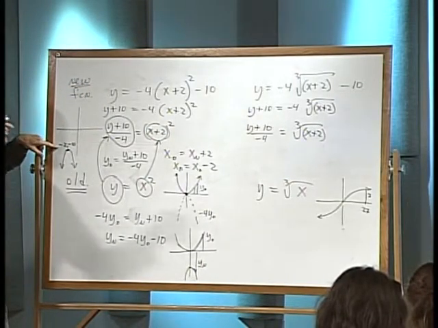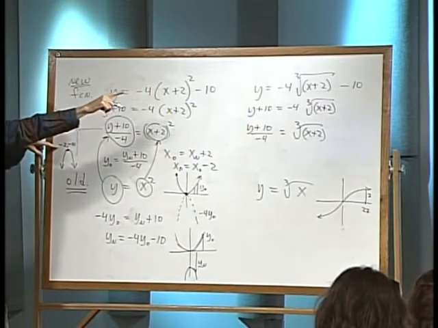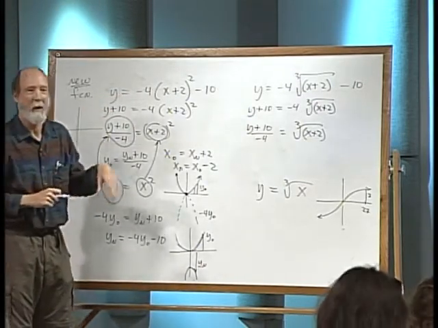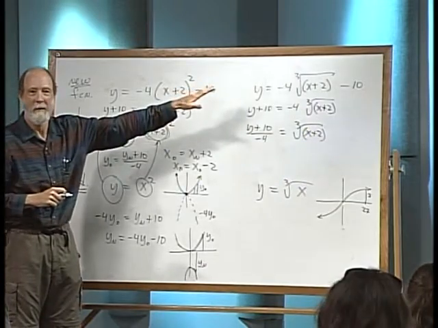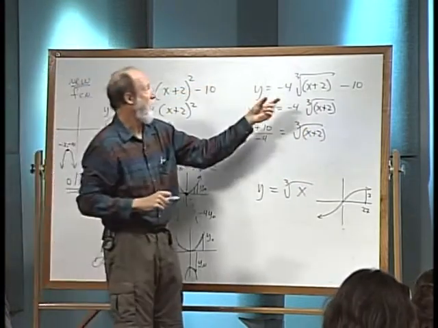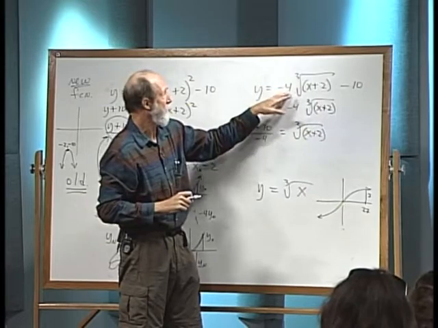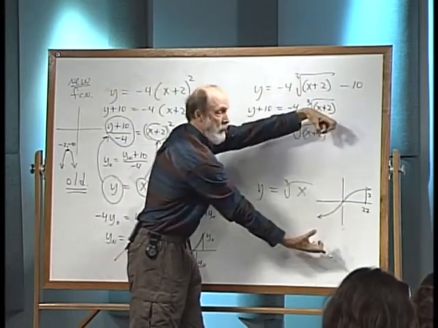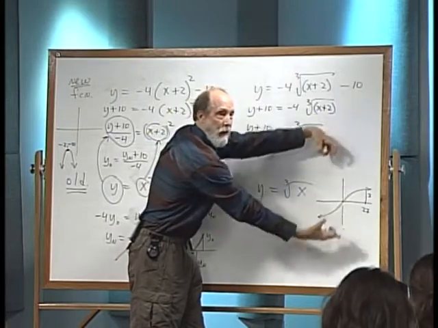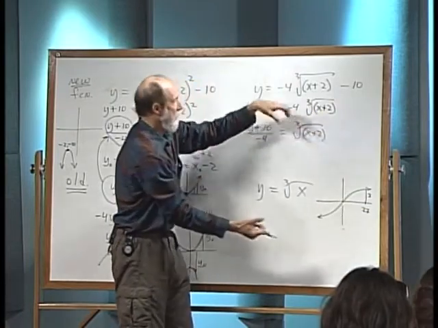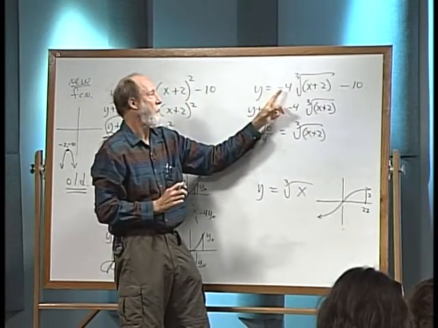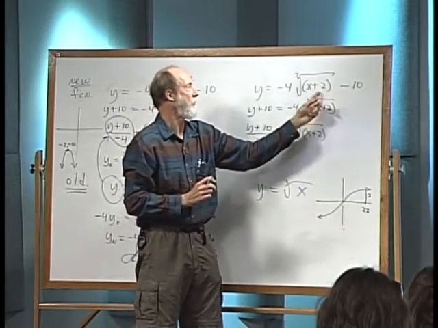Hang on just a second with your question in the back. Let's do the same thing with this cube root over here. Aren't the transforms identical? This cube root graph is going to be 4 times as tall, so it's vertically stretched 4 times. It's going to be turned upside down, and it's going to be kicked 10 down and 2 to the left.